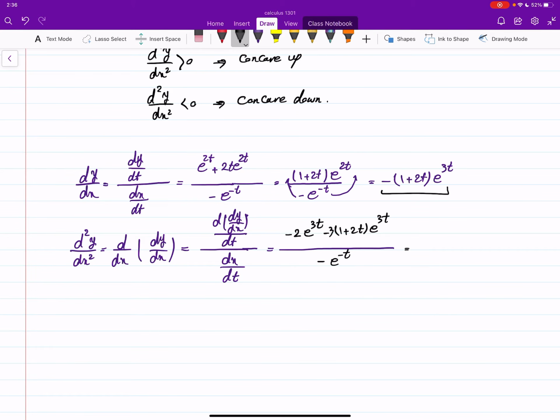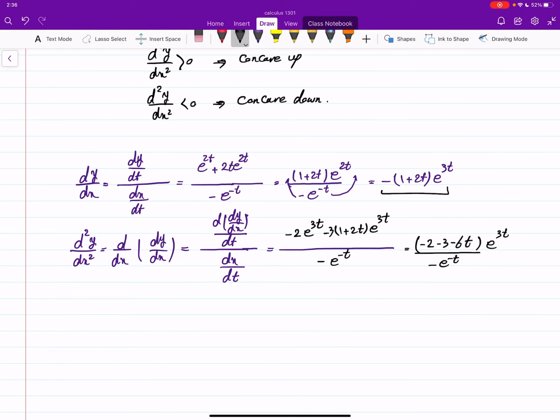You can factor e to the power 3t there, and the remaining there will be negative 2 minus 3 minus 6t.